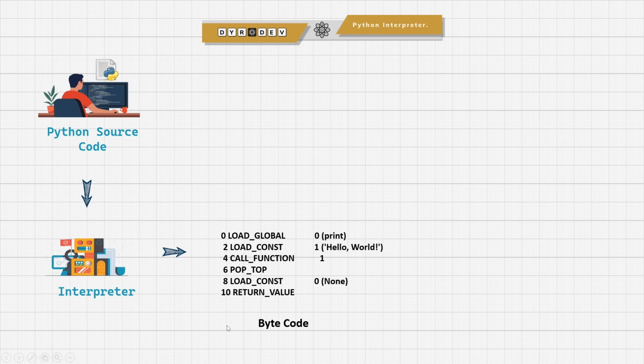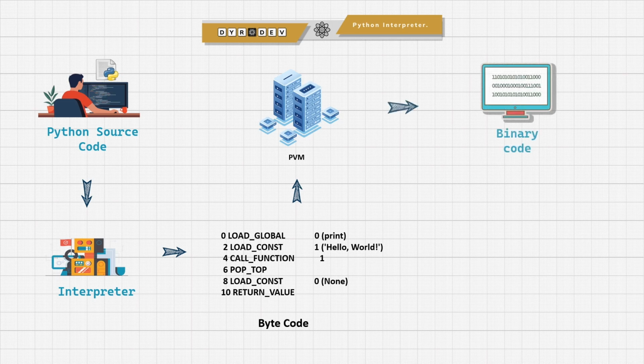This bytecode is still not understandable by the machine. So the interpreter further sends this code to the PVM, also known as the Python virtual machine. The PVM converts your bytecode into binary code, which is in the form of zeros and ones, and it is understandable by the machine. Then this binary code is executed on the machine, which could be your laptop, your mobile, or your tablet.